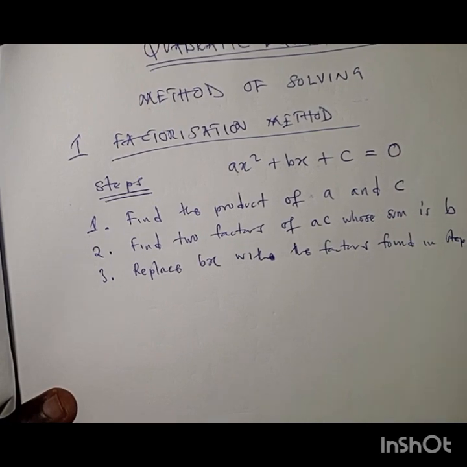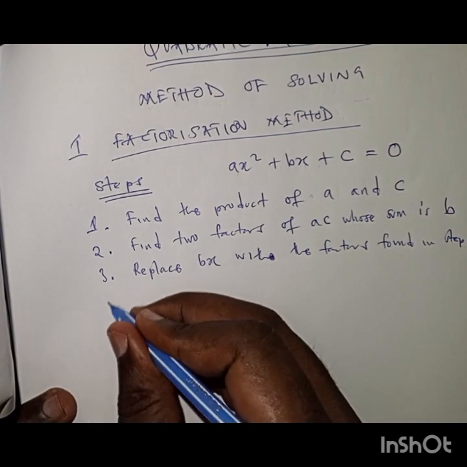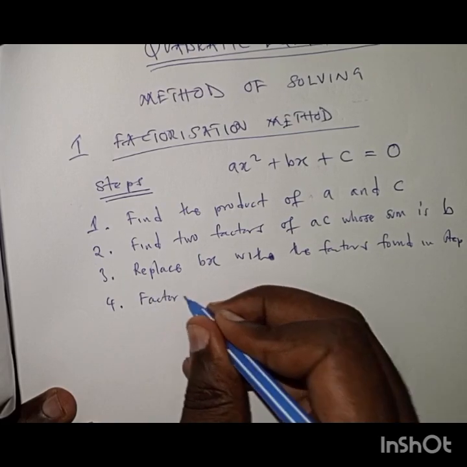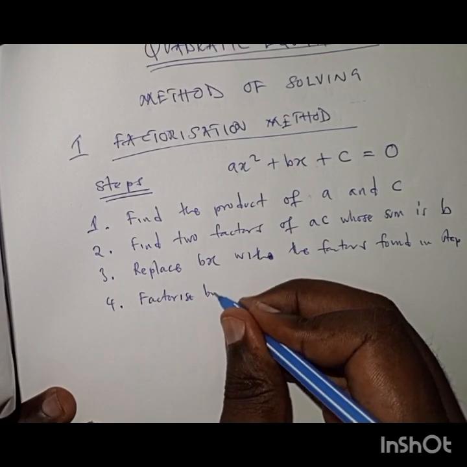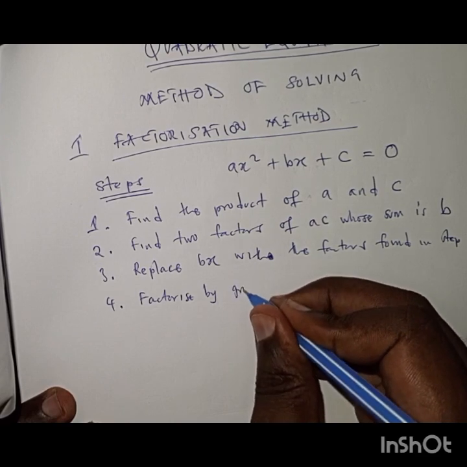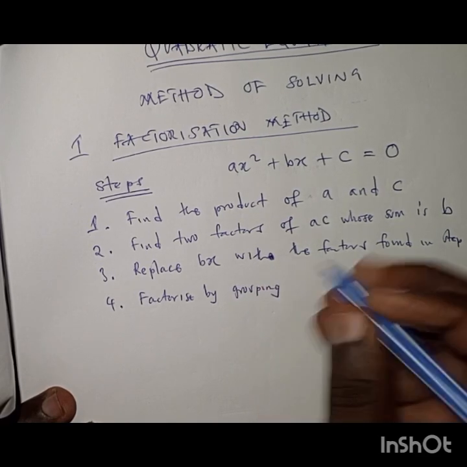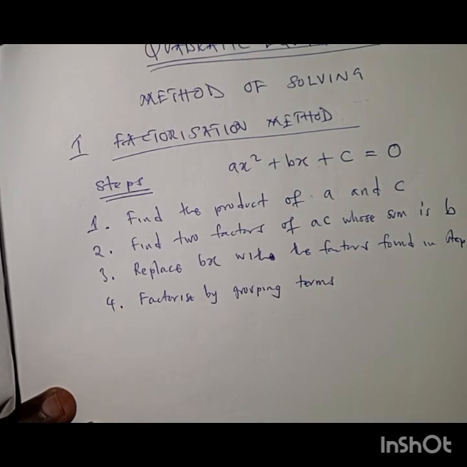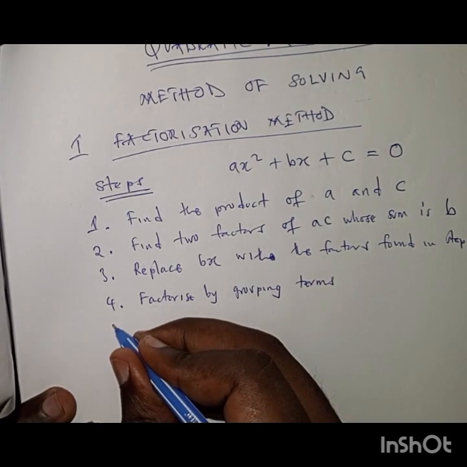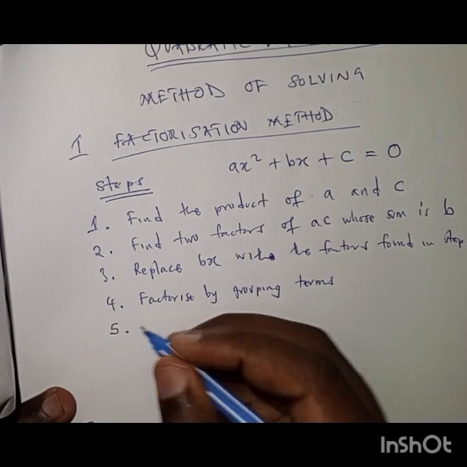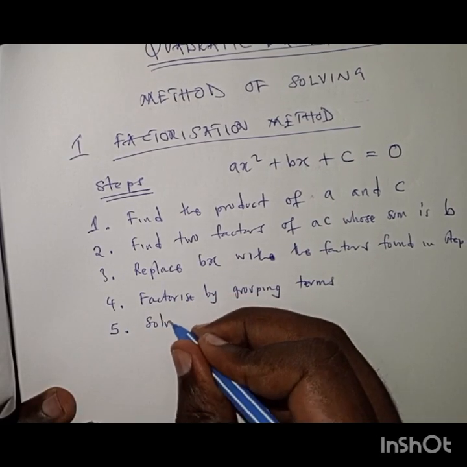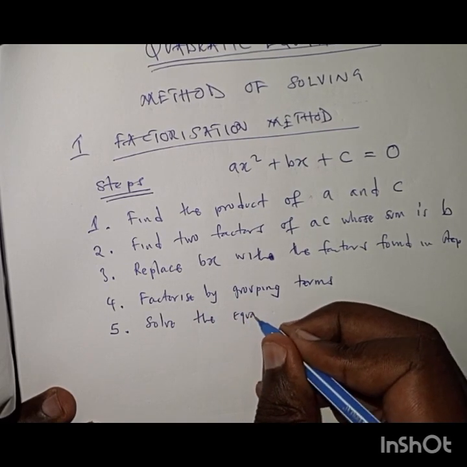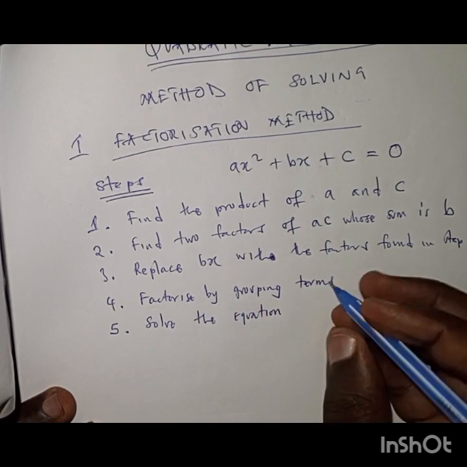Then step 4, you factorize by grouping terms. Then step 5, you solve the equation.